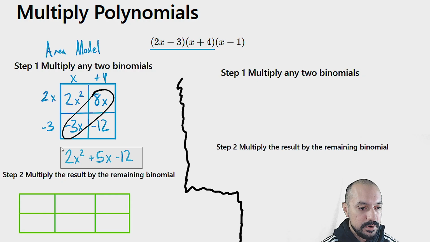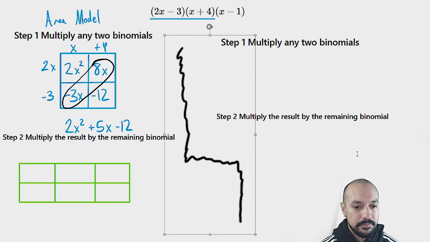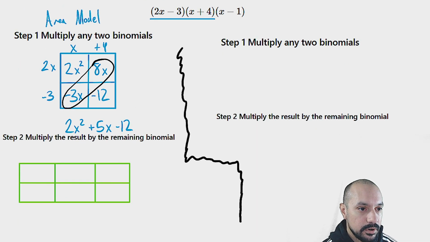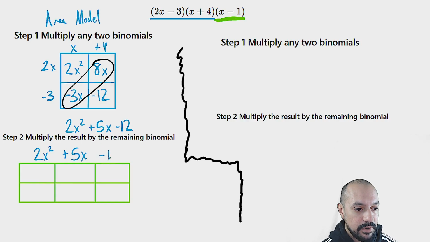From here, we can go ahead and take that answer and we can multiply it by our remaining binomial. So I have the 2x squared plus 5x minus 12. So that trinomial times the x minus 1.